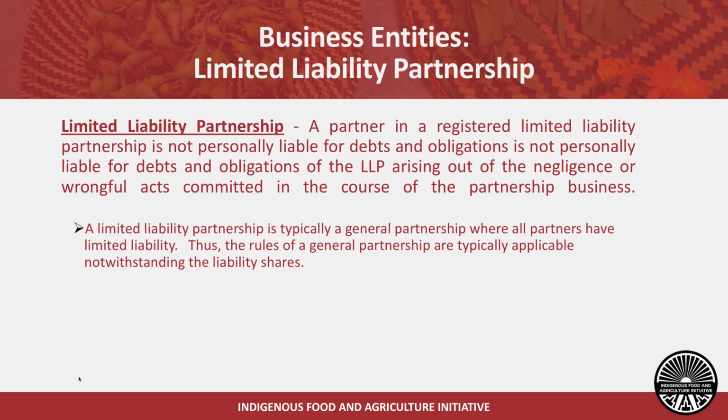So you're not liable for the financial debts and obligations or the legal debts and obligations that come out of this. But because of this, it's just basically like a general partnership, except instead of general partners, everybody is essentially a limited partner.